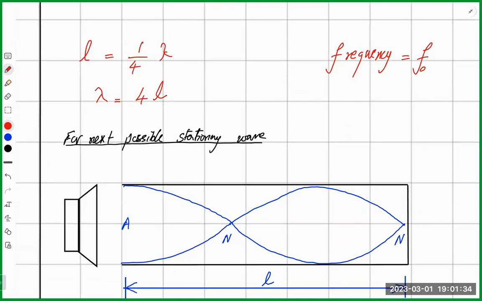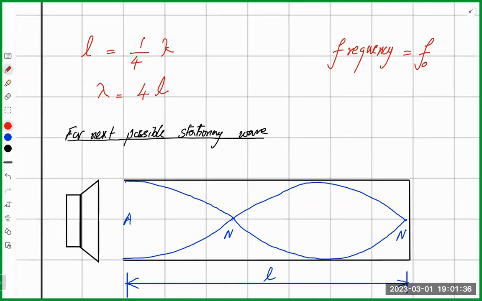after some time, we can have this situation. Again, there is an antinode on the open end and a node on the closed end. So in this case, the same length of the pipe is equal to how many wavelengths? Node to node is half of lambda, node to antinode is a quarter of lambda. So the length L is equal to 3/4 of lambda.